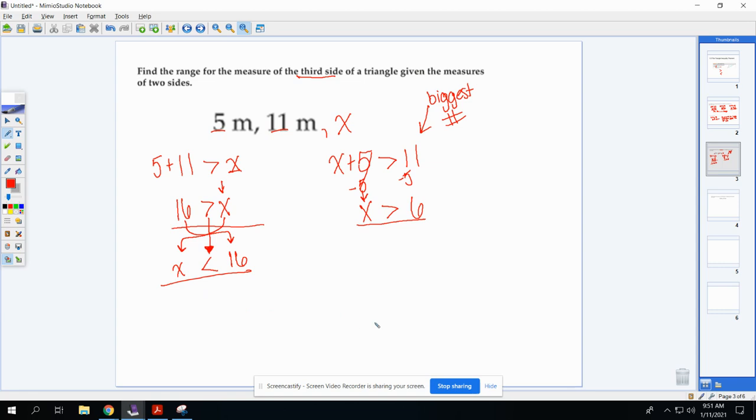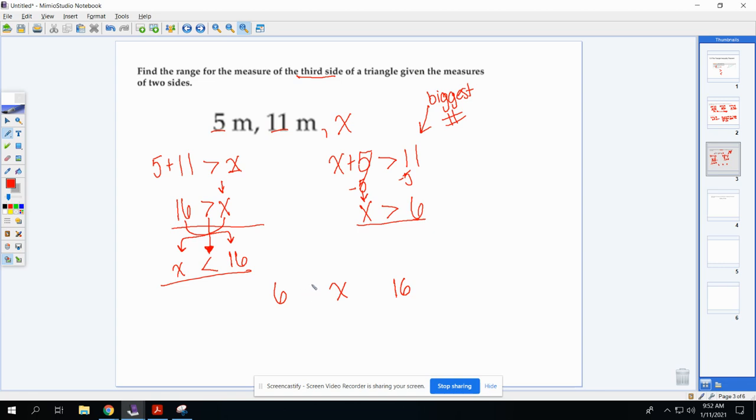So there's a specific way that I want to write this out. What I want to do is start with the smallest number, so 6. And then I want to go with the biggest number, 16. Now that I have our smallest number and our biggest number, I'm going to put the x dead in the middle. So right in the middle here of our 6 and our 16. So as long as we can remember how to set it up like this, you guys are going to be just fine when answering these questions.